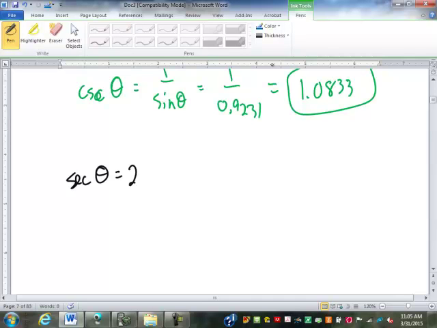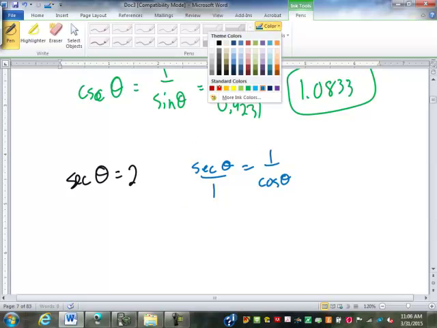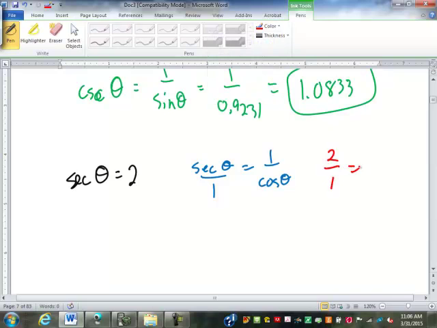If the secant is 1 over the cosine, then the cosine is 1 over the secant. So it's going to end up being 2 over 1 equals 1 over cosine. 1 times 1 is 1 divided by 2 is 0.5, right? So the cosine is 0.5.